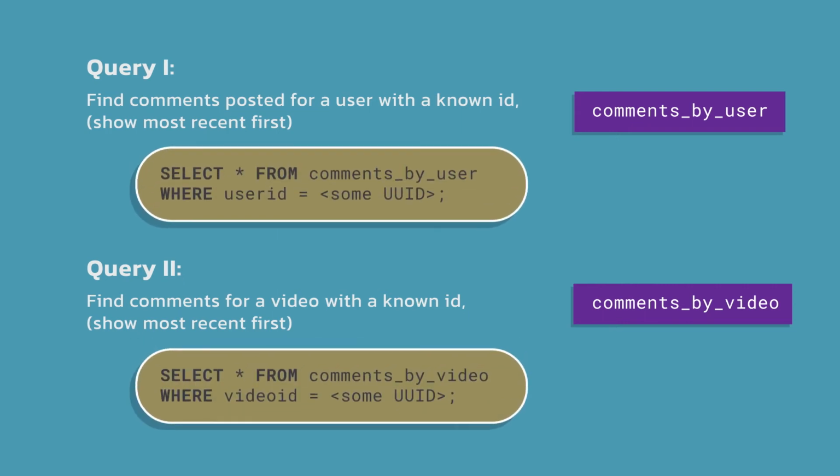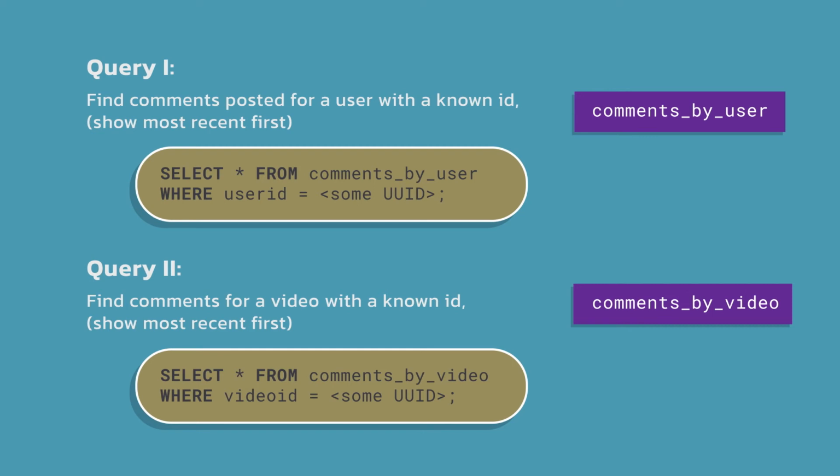Now I can take this and start generating my queries. Check this out. I'm essentially saying, get all the columns. So select star, get all the columns from comments by user, where the user ID is some ID. That's it. That's uber simple. That query alone, once you start to see the tables we're going to use, will get me all of the comments for a particular user. Now, if you look at the second one there, again, I want to select all the columns.